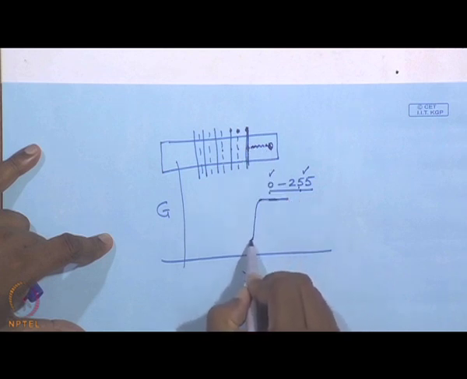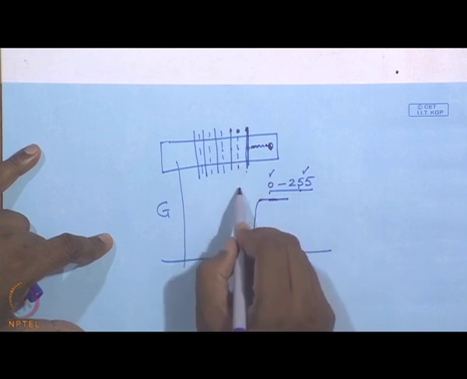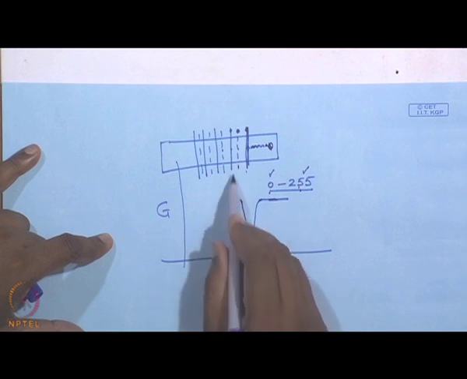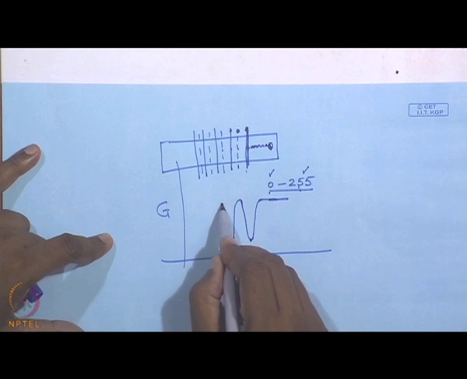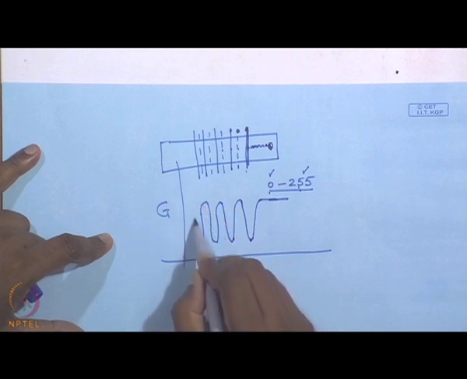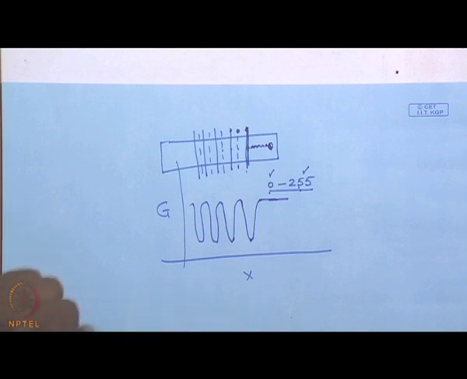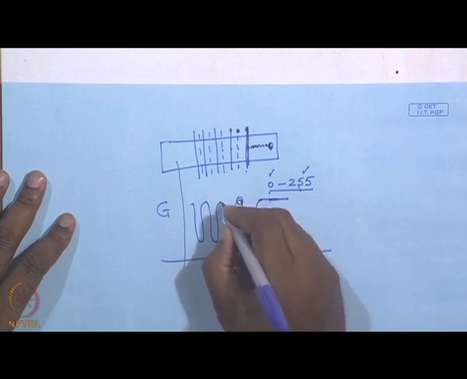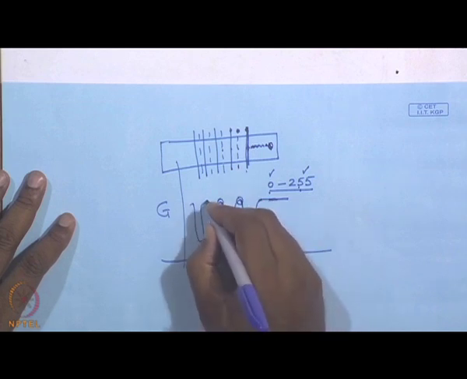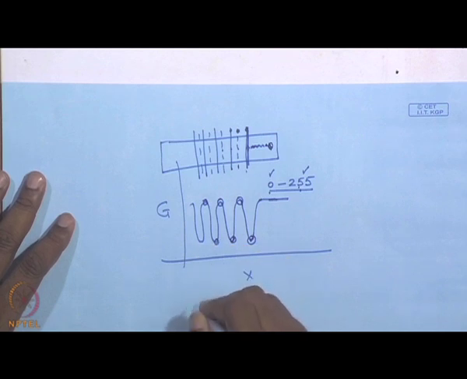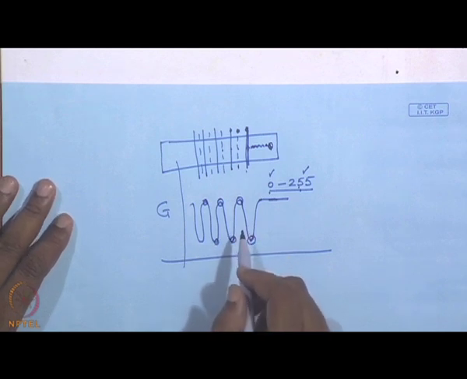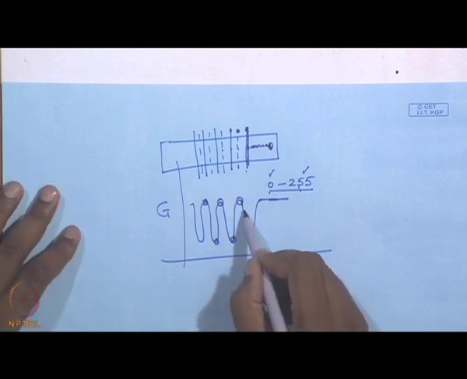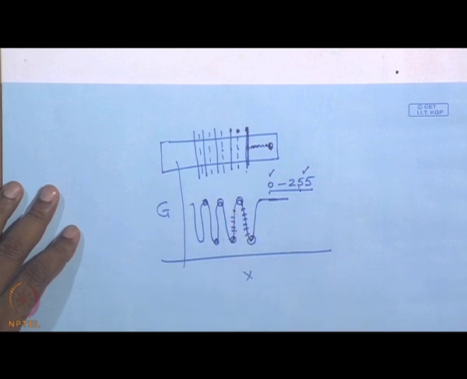Then it drops to a minimum corresponding to this, moves up corresponding to the bright, falls down corresponding to this point, moves up, and so on. This is how the gray values of each pixel would look. These are the points at which I know the value of the thickness. But using some other analysis techniques that we have developed, it is also possible to find out the thicknesses at in-between points as well.